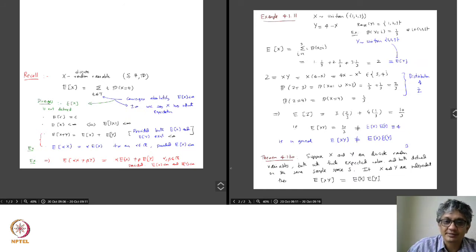That E of XY is not the same as E of X times E of Y, and that's a simple example. And this theorem tells you that if they're independent, then the expectation of the product is the product of the expectations.